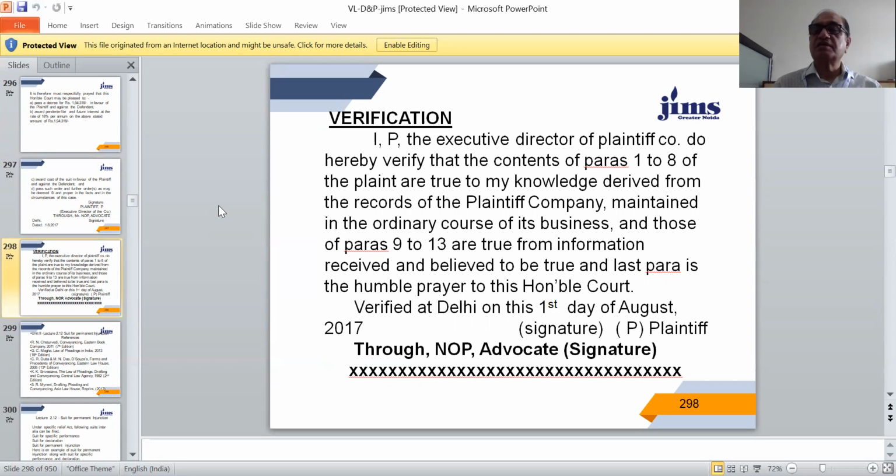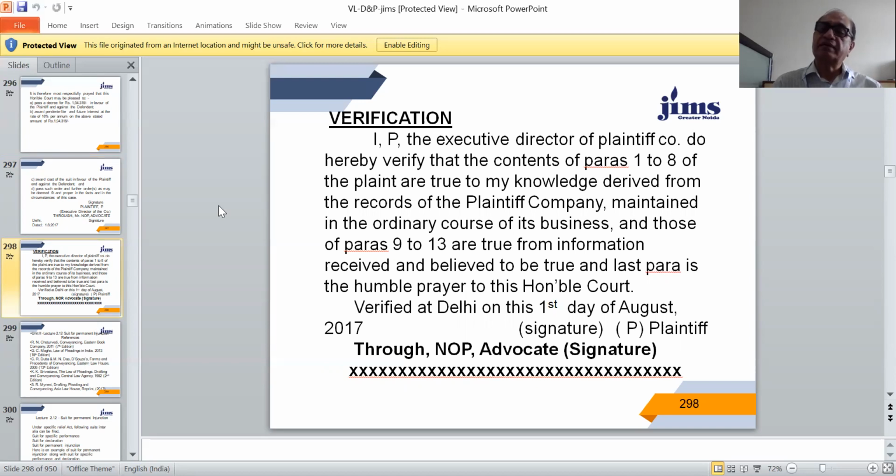So, dear students, this is how a suit or a plaint relating to summary suits under Order 37, for adopting summary procedure, is to be drafted by you. And the main distinction I am repeating before I close is that in a summary suit, the defendant has no right to contest.